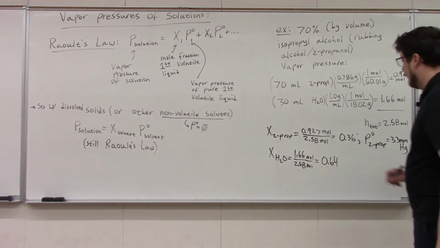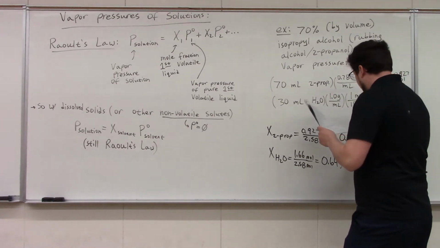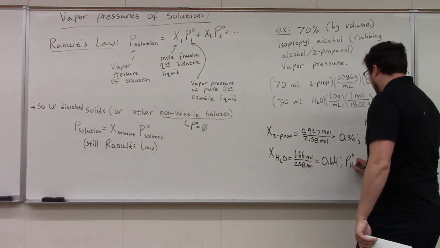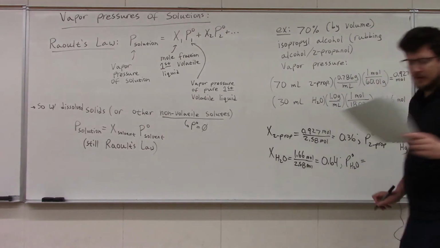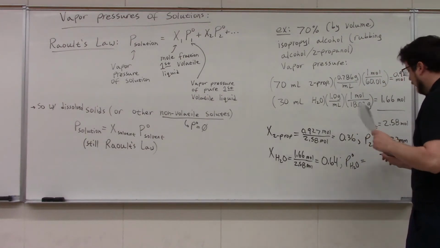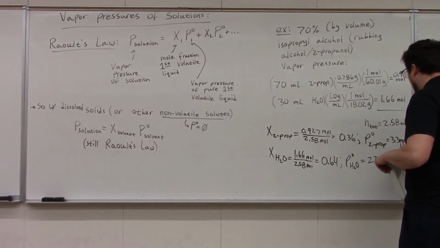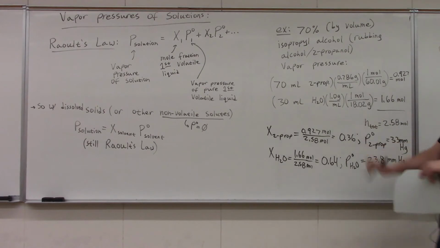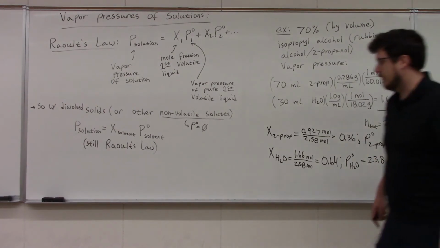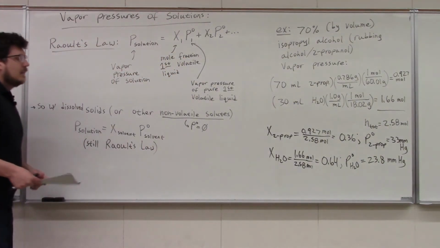So, once again, I look up the vapor pressure, and the vapor pressure of water is going to be 23.8 millimeters of mercury. Okay, so I look these up online or in the book or whatever, and now we just calculate.